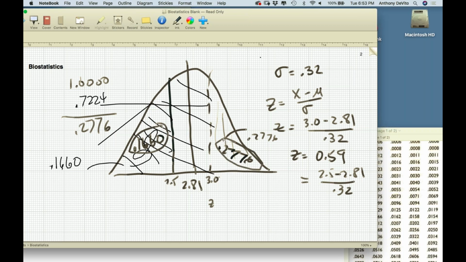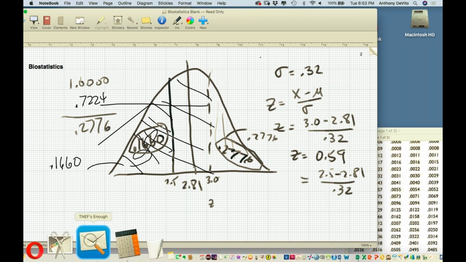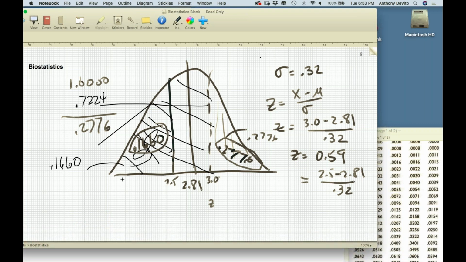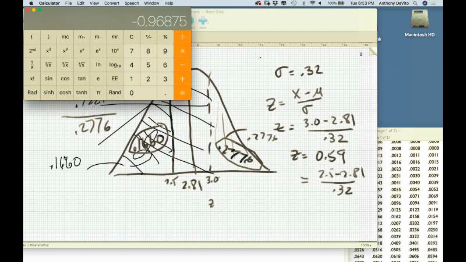Sure. 2.5 minus 2.81, right? Is that 0.31 over 0.32? Yes, that calculation. And what was it, 0.9? I forget what we got. Negative 0.96.